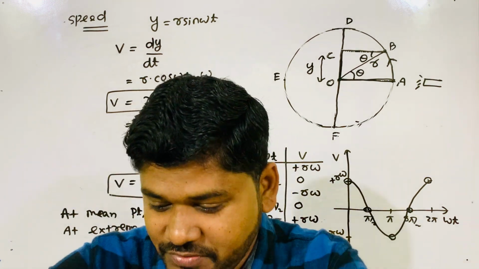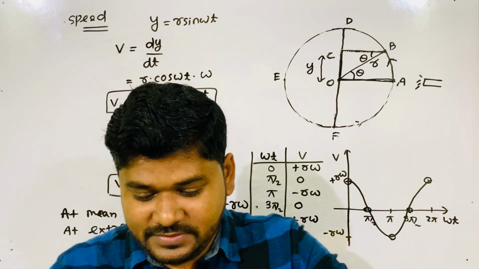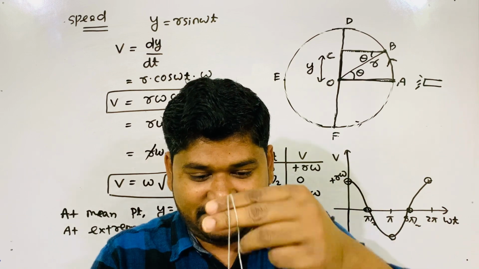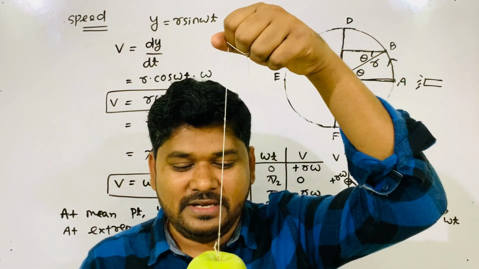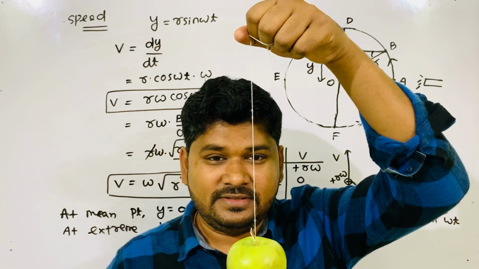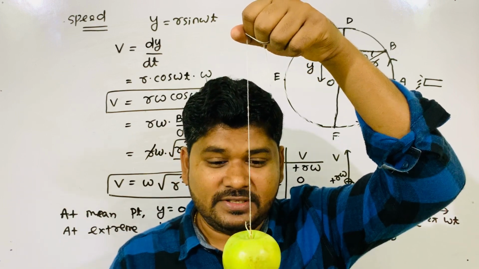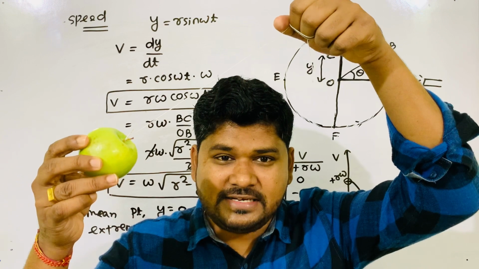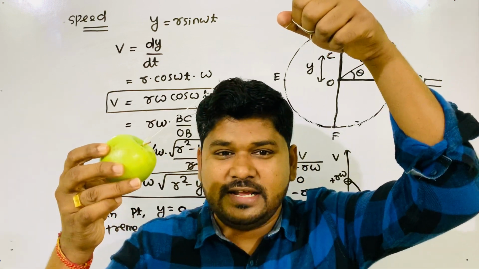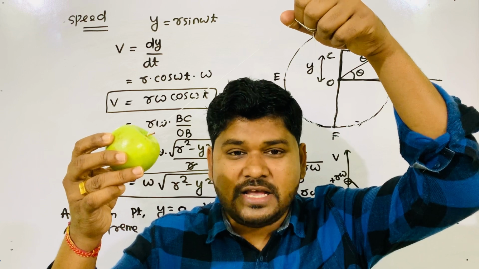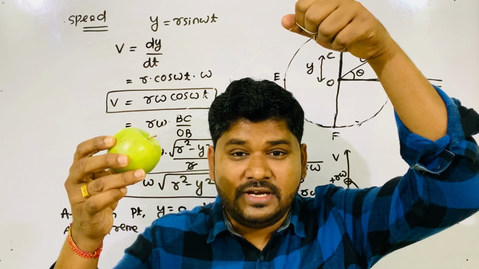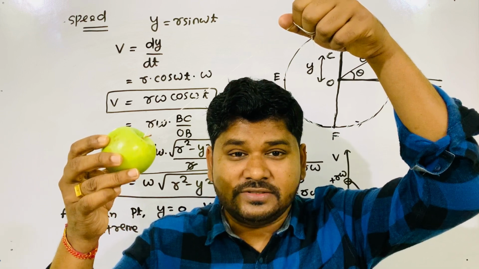Just I'm showing to you. I told you, I've shown this homemade pendulum. This body executes SHM, homemade pendulum. This is which position? This is the mean position. And this is the extreme position. See, mean position and extreme position. When it passes through the mean position, it passes with maximum velocity. See here.